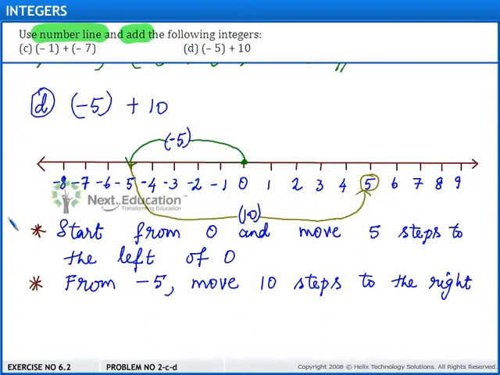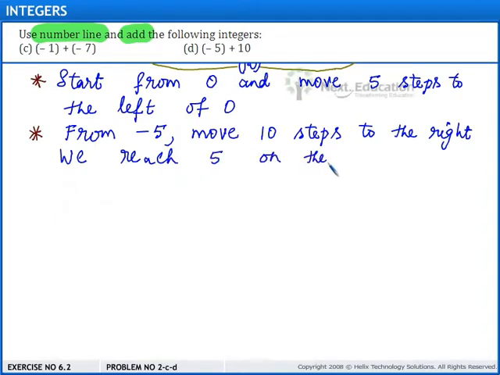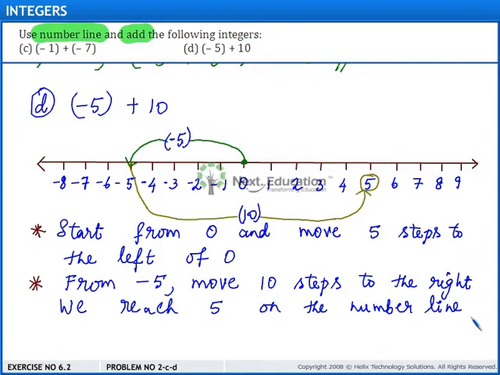Let us write it down. We reach 5 on the number line. Hence, what can we say?